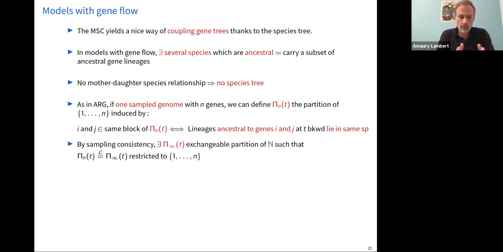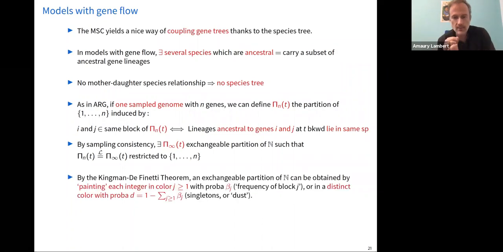Just for the math side of it, by sampling consistency, note that there is a projective limit to pi_n called pi_infinity, which is an exchangeable partition of the integers, such that pi_n has the same law as pi_infinity restricted to the first n integers.